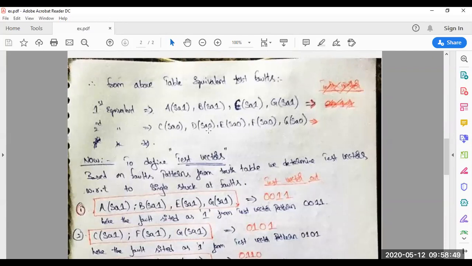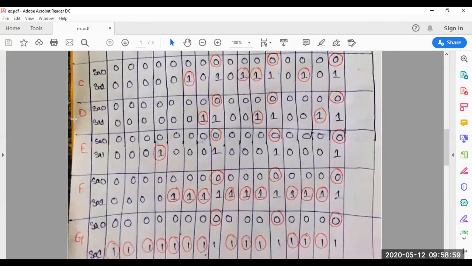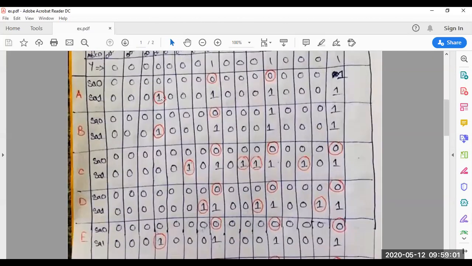These are all set to be the equivalent vector, where we got the same output for each stuck at fault. In the same way, one more equivalent set we have: A stuck at 1, with the output 1, 1, 1, 1, and B stuck at 1, one more fault we have, with 1, 1, 1.